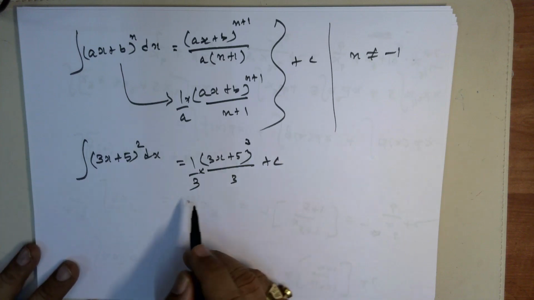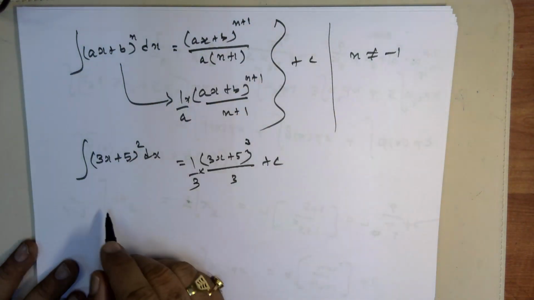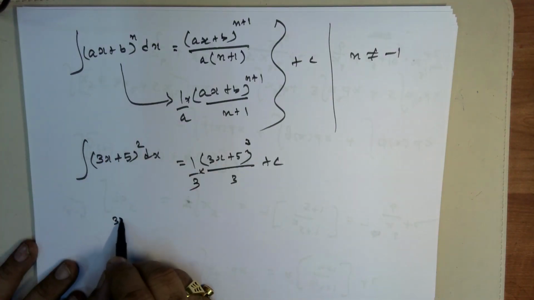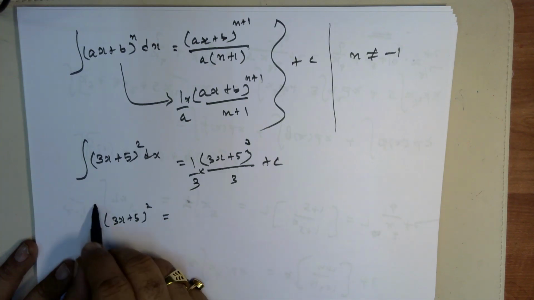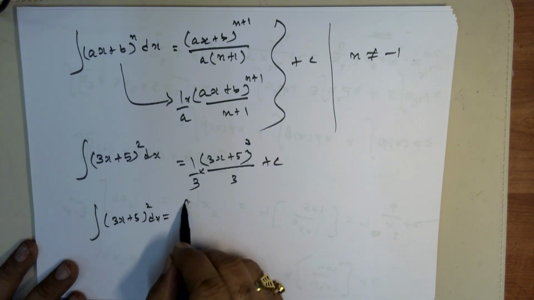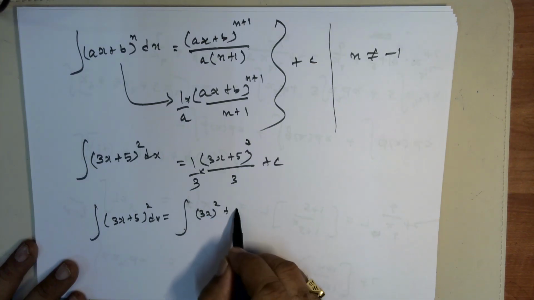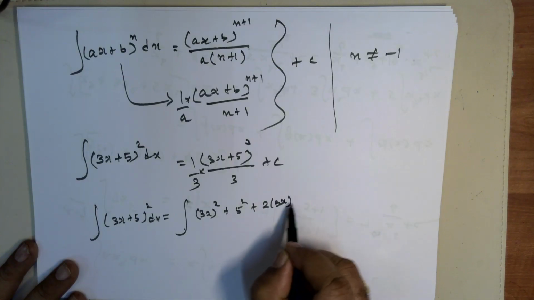Now, suppose you don't have this formula, then naturally what will you think? Let us have 3x plus 5 and expand it, with dx, so in that case the integral of 3x whole squared, a squared plus b squared, 5 squared, plus 2ab, 2 into 3x into 5.